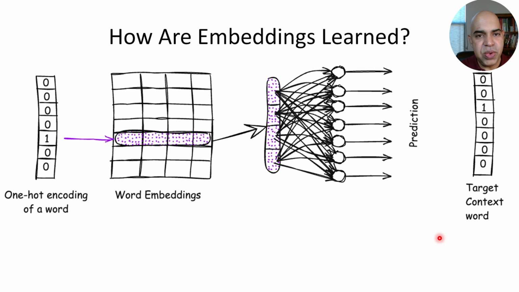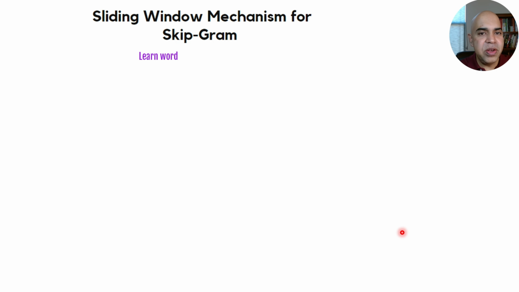But how are those pairs actually constructed, where the first word becomes an input and a context word becomes an output? So the first word can be beautiful, the context word can be flower, or the first word can be operating, the context word can be systems. The skipgram model operates over a window system.